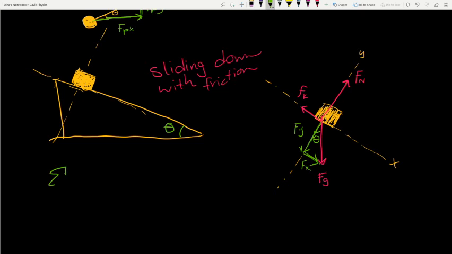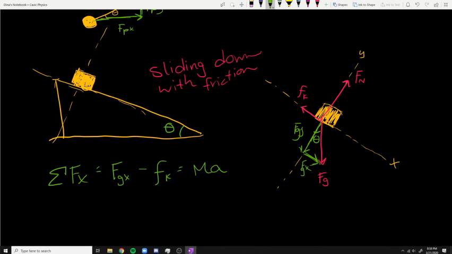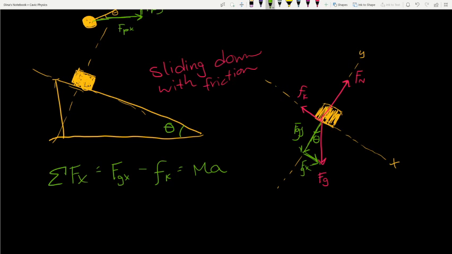So let's do the forces in the x direction. In the x direction, I have this component of the force of gravity, I'll call this Fgx and Fgy, minus the force of friction, equals ma. We're going to try to get the most simplified expression for a that we can. Now I can take that Fgx and say that it is opposite my angle.